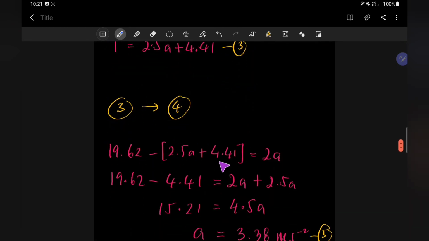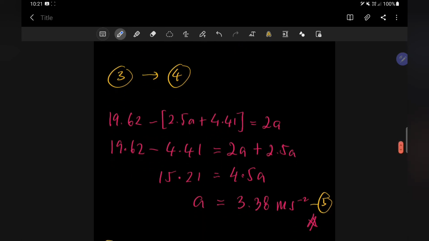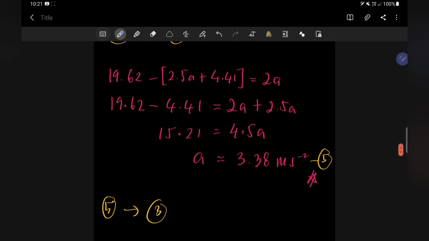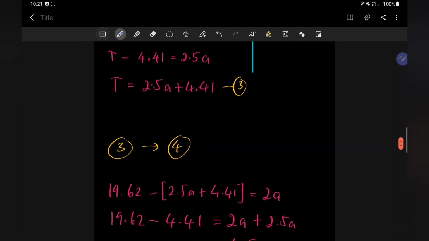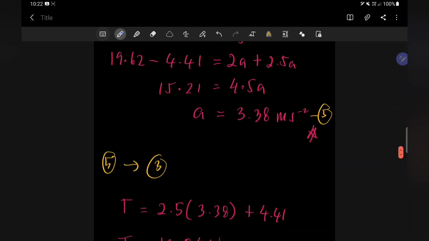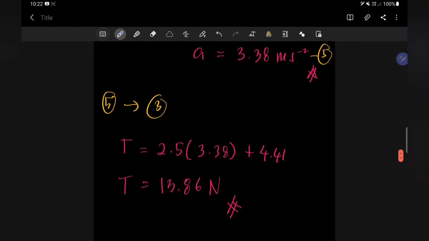This is the T equation from equation 3, substituted into equation 4 so that you will get the acceleration, which is the fifth one. By getting the acceleration, we just sub the fifth into the third one. By getting a, substitute into this equation, and then you will get the tension again. So this is the way how we answer the question.